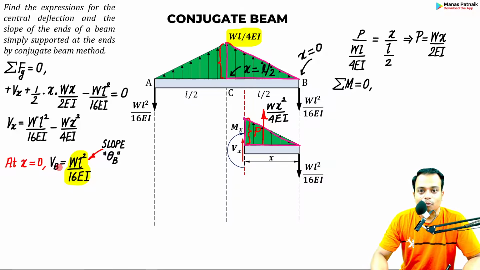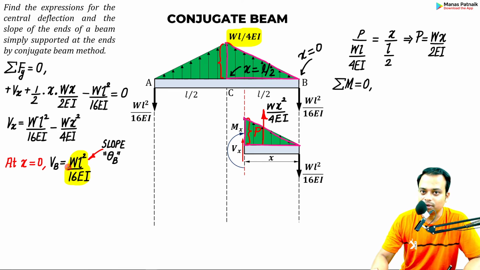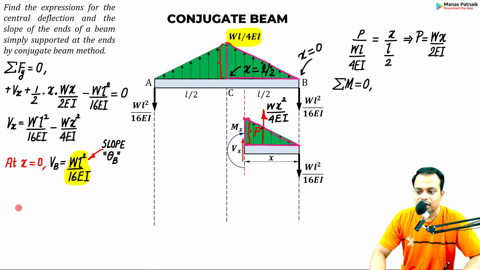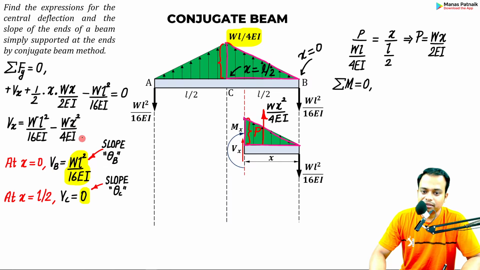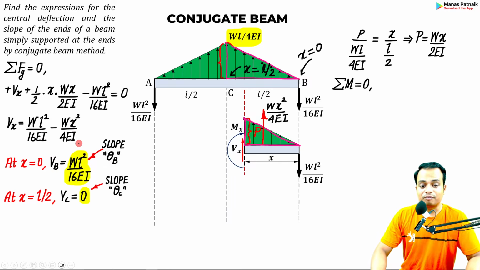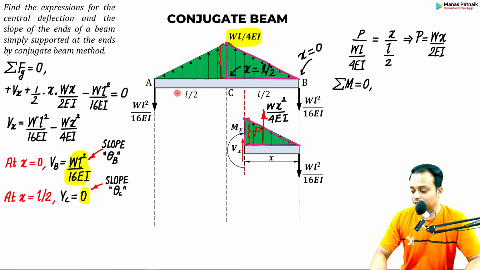What is shear force for the conjugate beam is slope for the real beam. I hope you have got this by now. Secondly, if I put the value of x as L by 2, WL square upon 16EI minus W by 4EI into L by 2 square, you'll realize that the slope happens to be 0, and it's very obvious. Yes, the slope is going to be 0. Take a look.